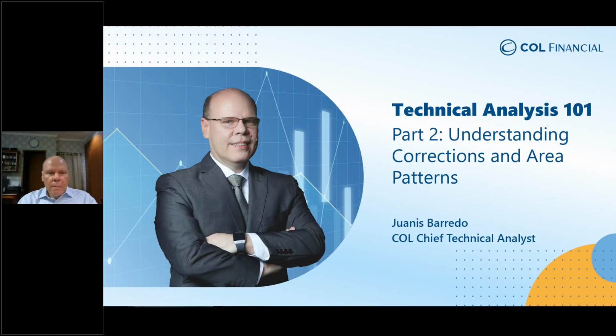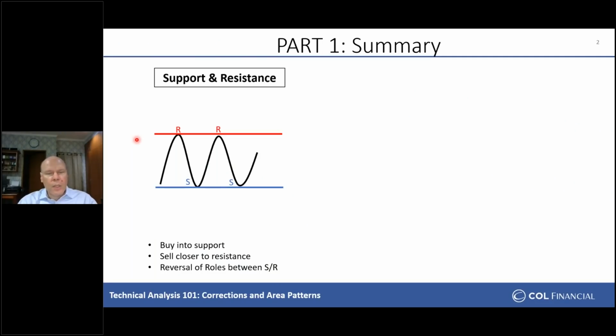So we'll begin by first giving you a summary of what we did in our first video, just so it's fresh in your mind, because we're going to use some of the concepts that we introduced last time. When we talked about trends and trend lines, we also talked about support and resistance. We introduced that there are points in the market where sometimes markets come to lows like this.